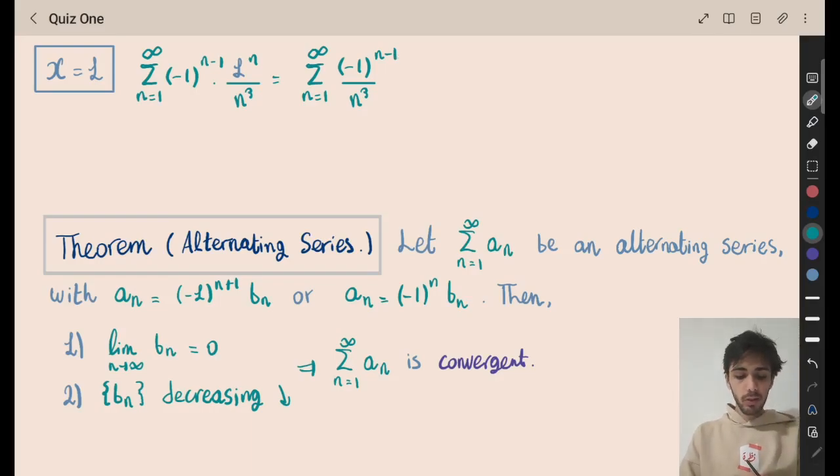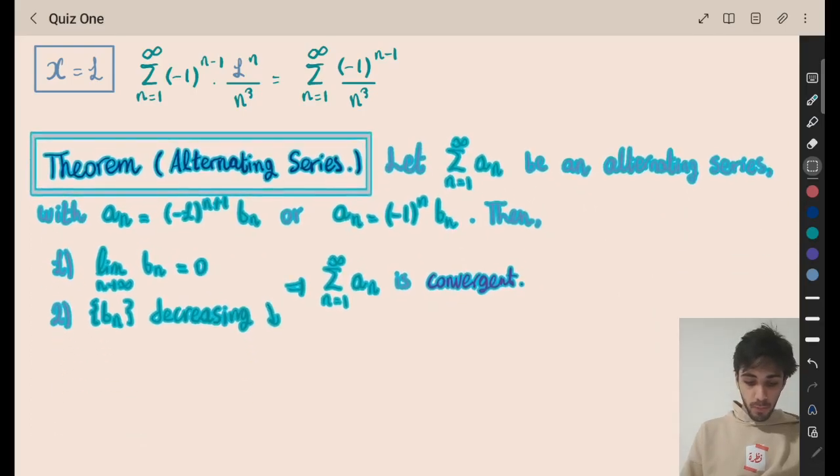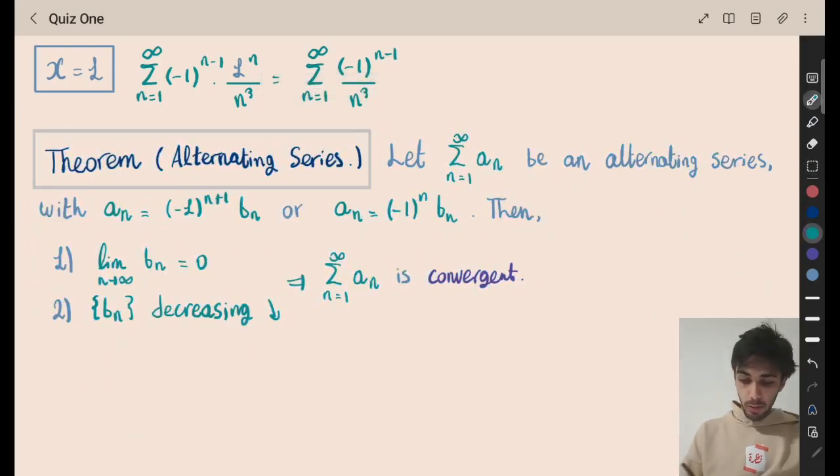So what we have here is what's called the alternating series. The reason why it is called the alternating series is because it alternates, no surprise either. I'll write the first few terms just to make a point.